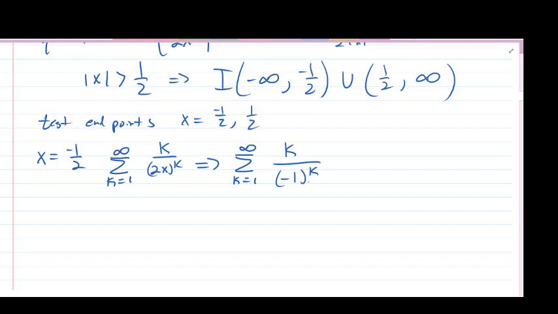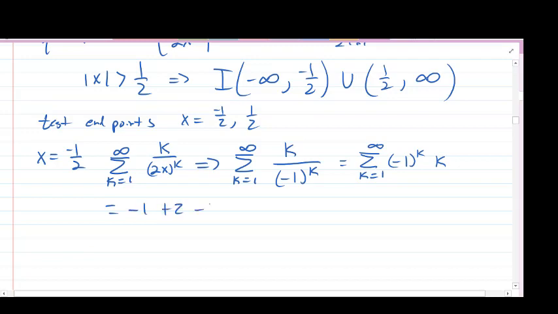All right. So that's going to be equal to, let's see, that'll be minus 1 plus 2 minus 3 plus 4 minus 5 plus dot dot dot.